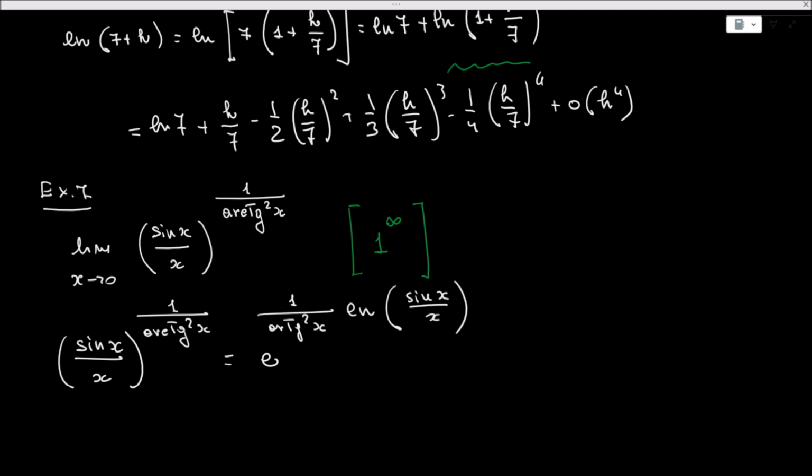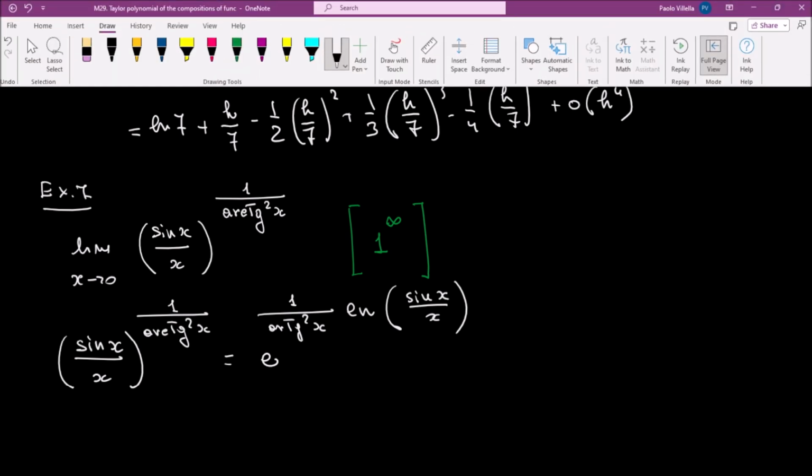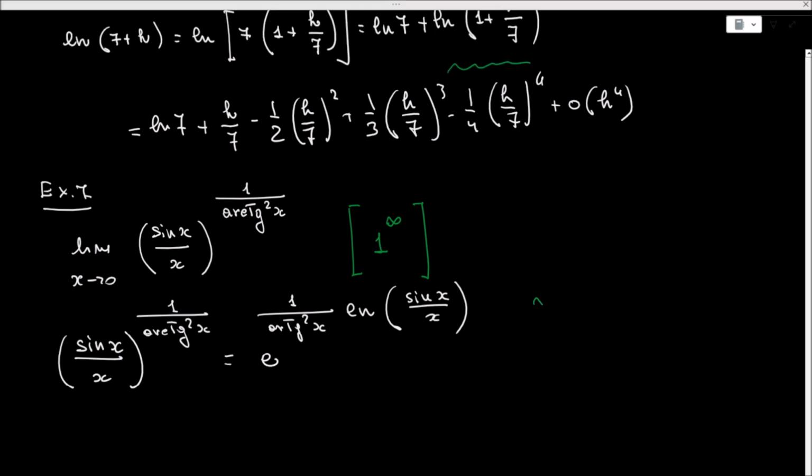And we still have an undetermined form, right? Because this exponent that we have here, for x that goes to 0, is clearly infinity, because 1 over arc tangent square of x goes to infinity, times infinity.